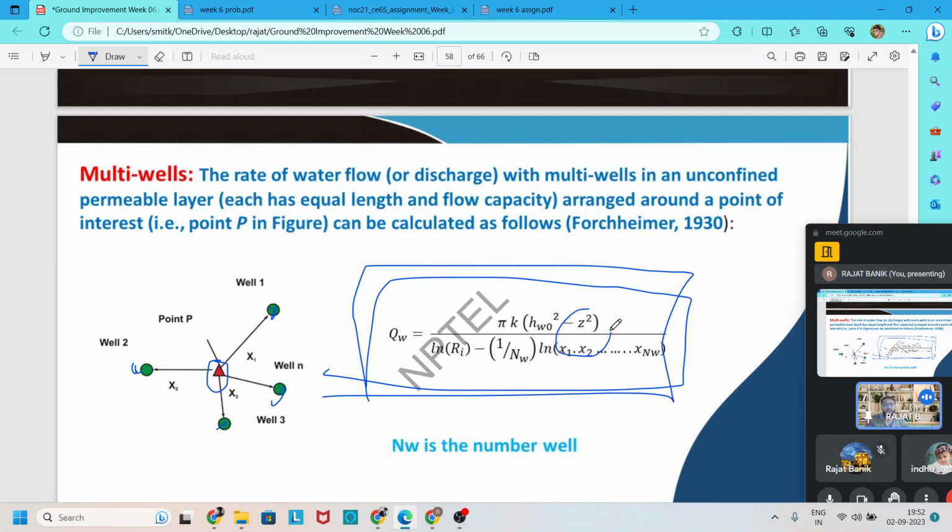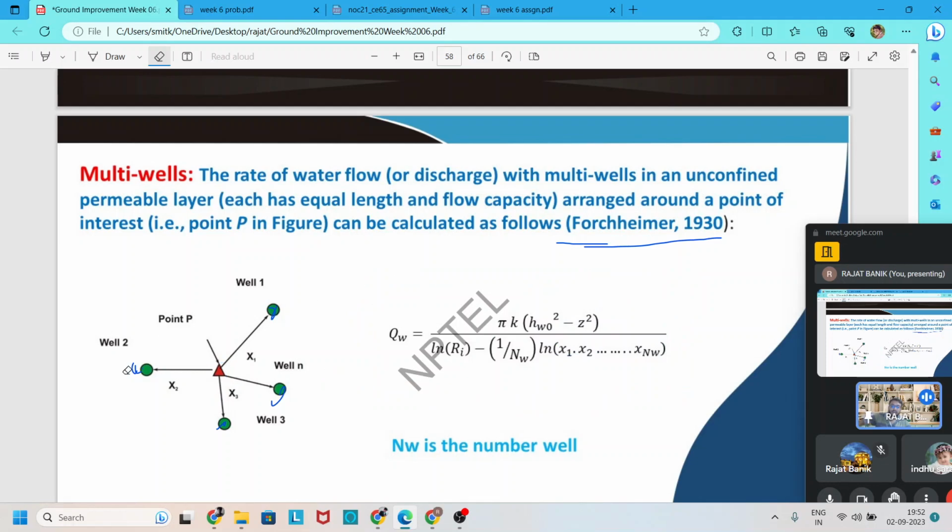And Z is nothing but the depth of water for this well point. This arrangement was given by Forchheimer in 1930. By this arrangement, we find out the rate of water flow for different well points.